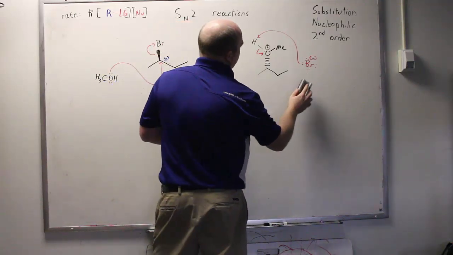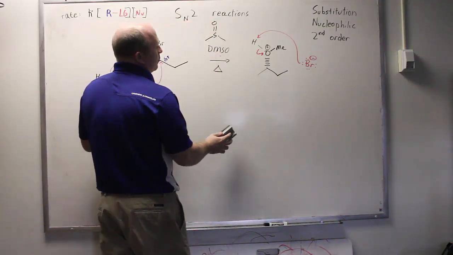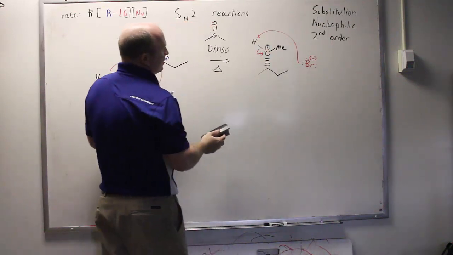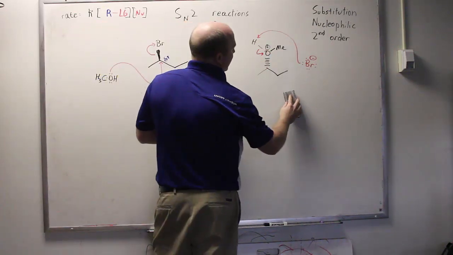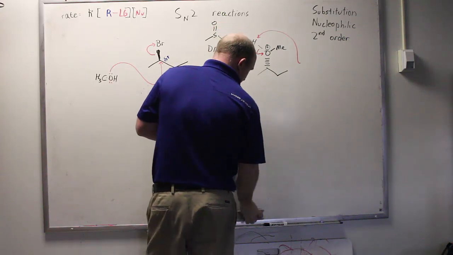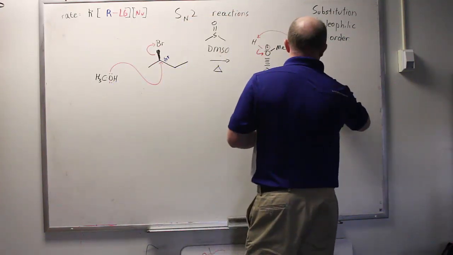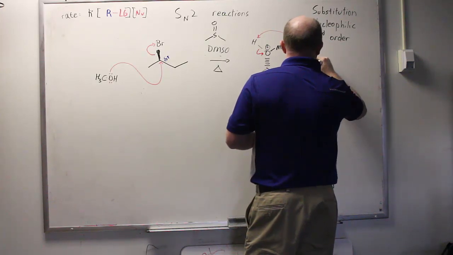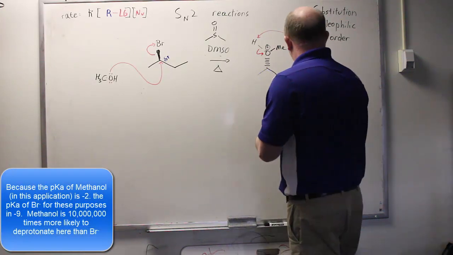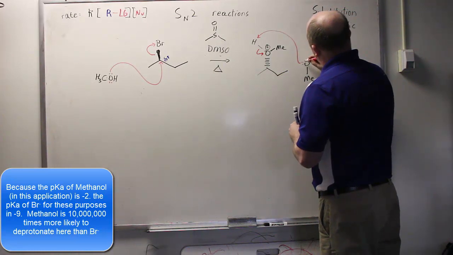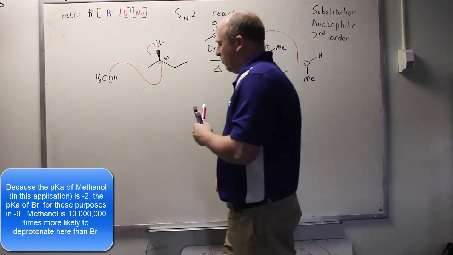I illustrated it because we just generated Br-, and so you might think, oh, the minus is going to be attracted and pull off that hydrogen. In practice, though, it's far more likely that the base that's around and capable of doing this is another unreacted molecule of methanol. That is almost certainly the actual compound that will come by and remove that proton.